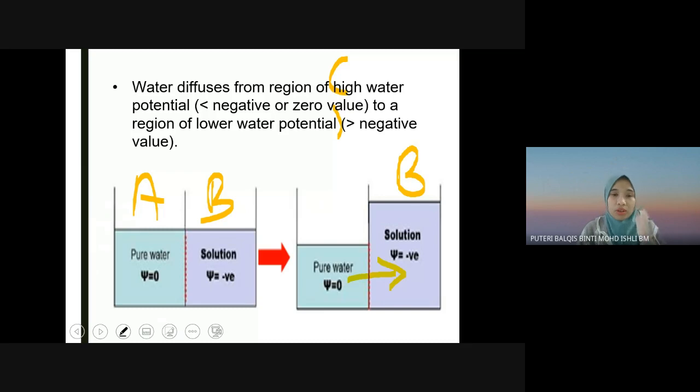So of course lah, beaker A ni water potential dia lebih tinggi compared to beaker B. That's why water from beaker A will move to beaker B or will diffuse to beaker B. Okay, disebabkan water potential. Right?